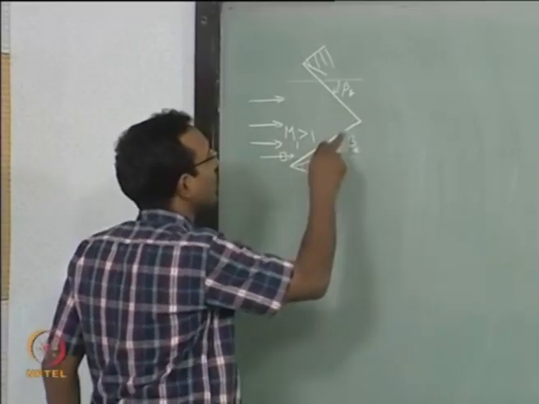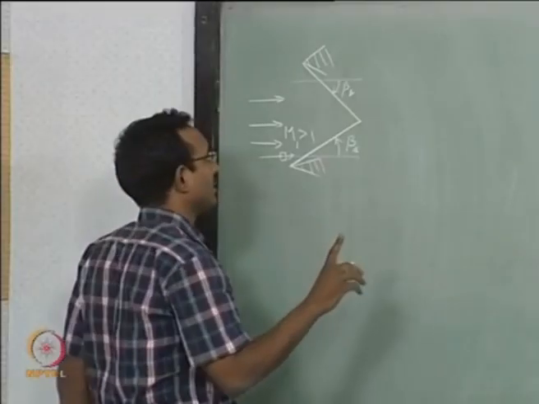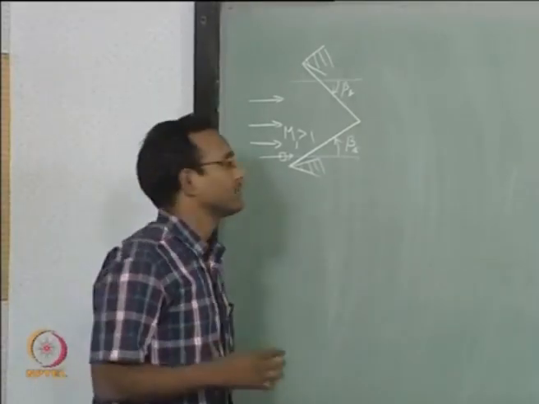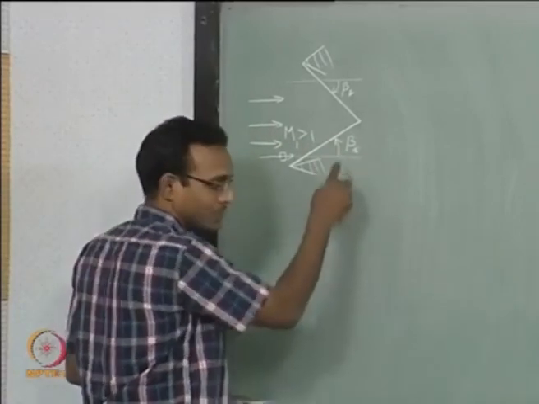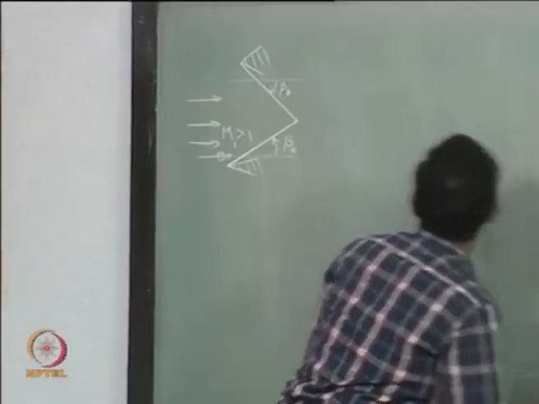Now we want to know what will happen behind this. For that I have to see what must be satisfied. I will remove these betas so that it is not confusing.